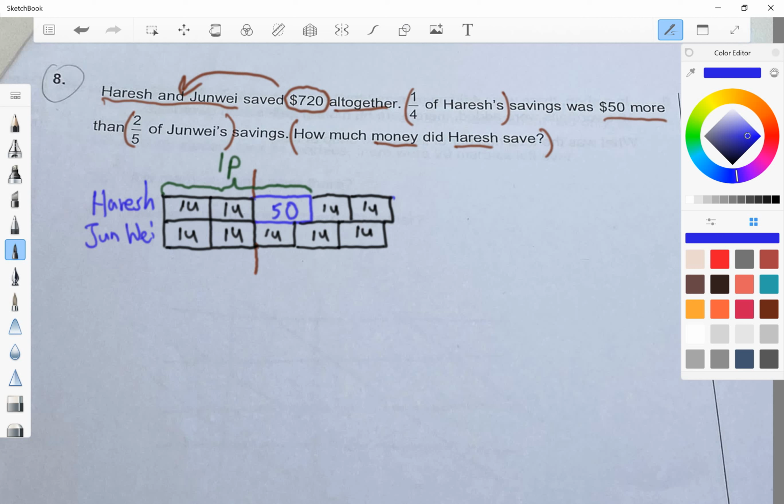So the color over here is just for everyone's benefit. Is how I would like to make the question clearer. Okay? For those of you at home who are trying this question out alongside with me. So I have 1 part, 2 parts drawn already. I'll just quickly want to complete the model for Haresh.